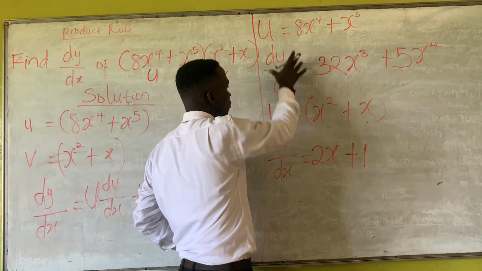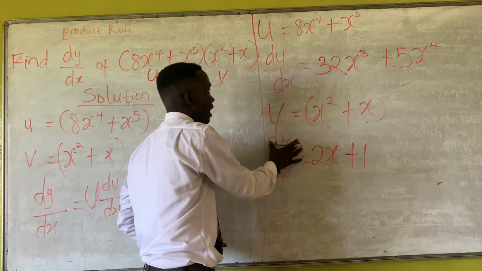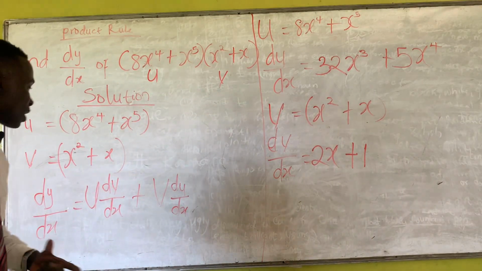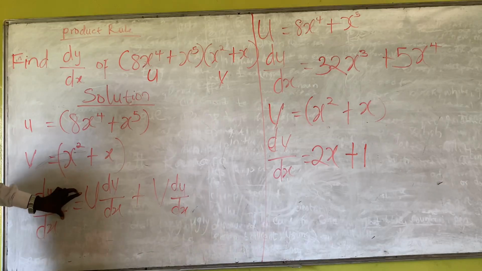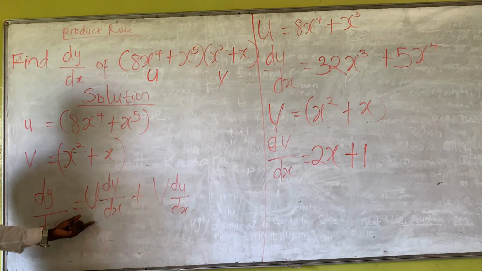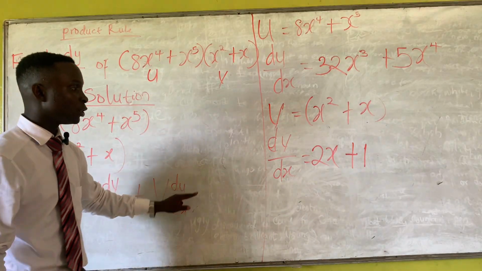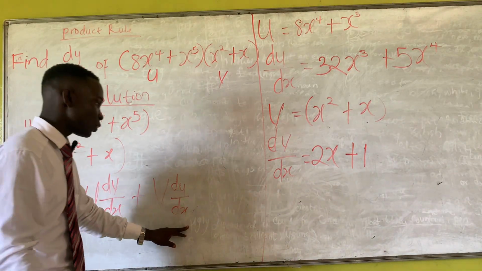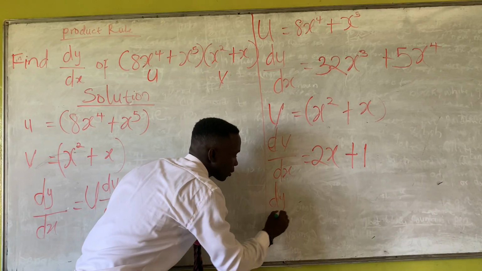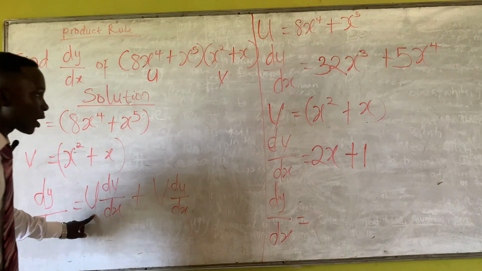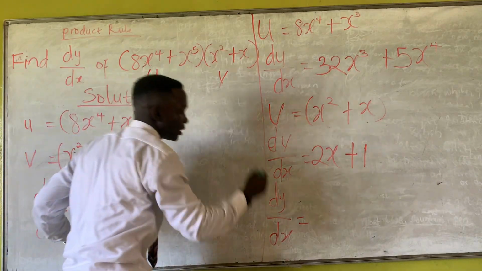Since we have our du/dx and our dv/dx, and we also have our u and v, we can simply substitute inside the product rule formula, which says that dy/dx is equal to u dv/dx plus v du/dx. If we substitute, our dy/dx will now be equal to, what is our u?